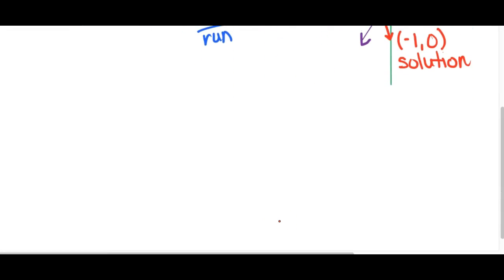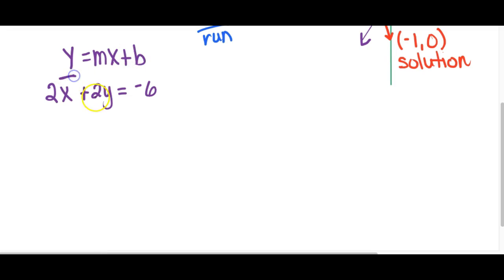Now, we're going to do a really quick review because otherwise you are probably going to be better off just checking out my other videos. So 2x plus 2y equals -6. The first thing I need to do is get it in that y equals mx plus b form, which means I need y on the left side, everything else on the right side.